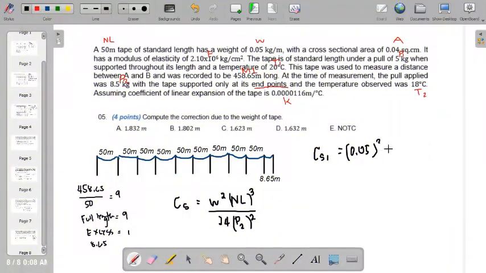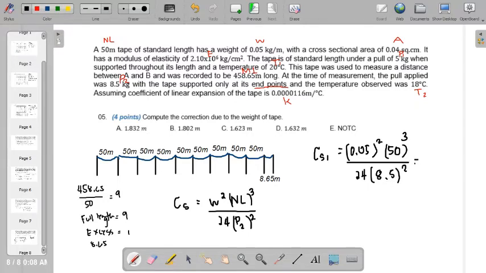Our nominal length is 50, so this is 50 cubed, all over 24 times P, which is 8.5, P sub 2, 8.5 raised to 2.